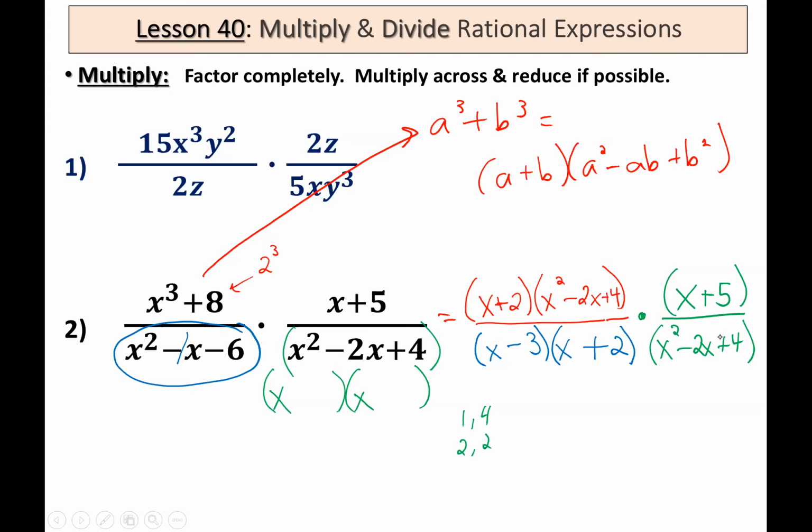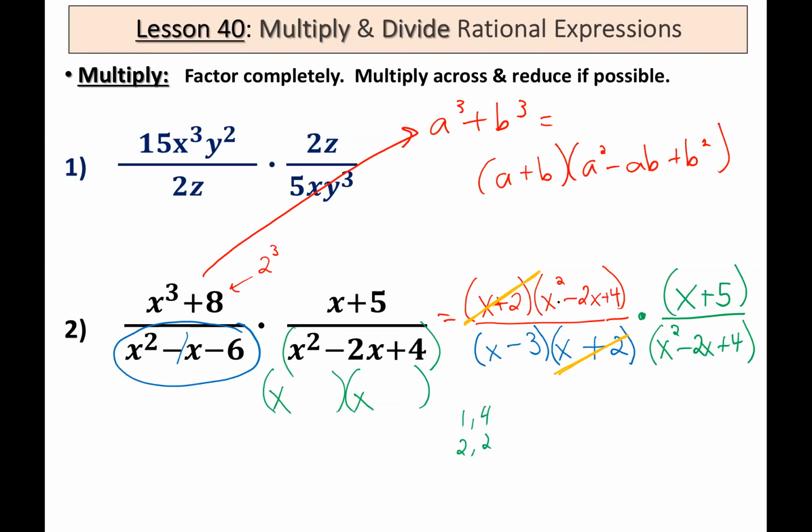All right, so let's take a look now to see what we can cancel out. We already mentioned we had this pair of common factors in the first fraction, x plus 2 in the numerator over x plus 2 in the denominator. We can cancel those out. And now we have another pair of factors we can cancel, kind of diagonal from each other.